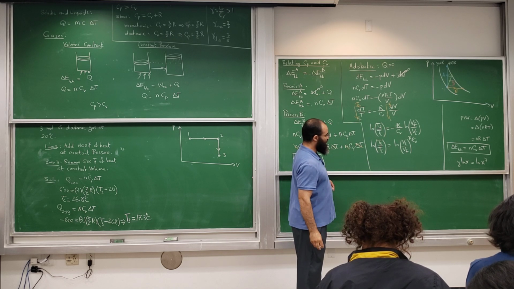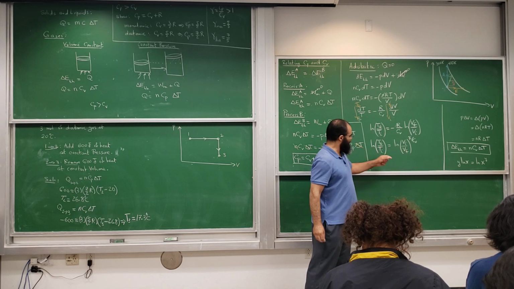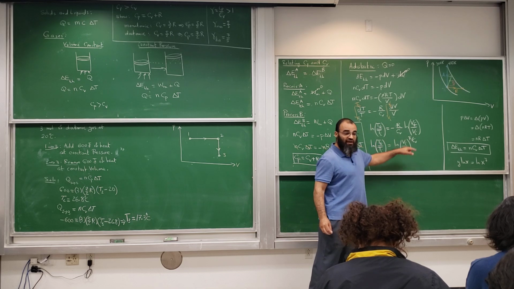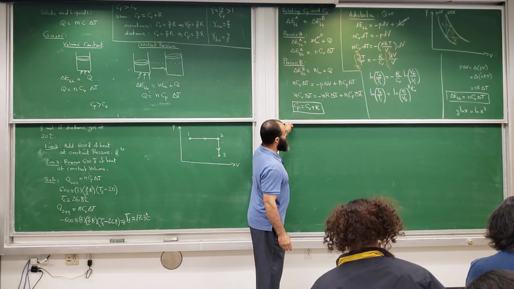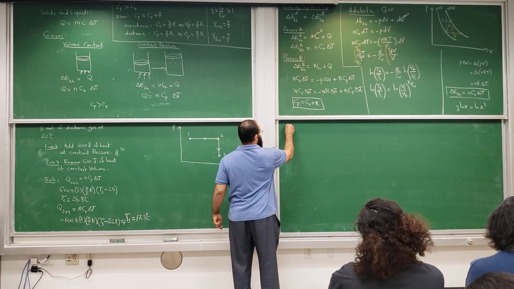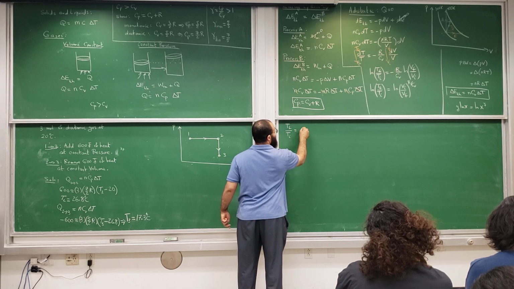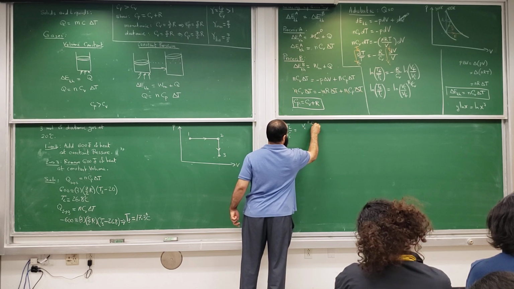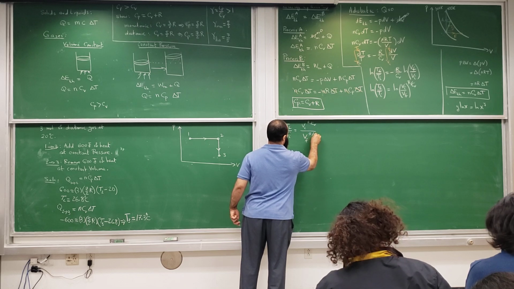I guess I have to go to the next board. So if you do e to both sides, you will just have T final over T initial equals V initial over V final to that power. So I would have T final over T initial is equal to V initial to the power R over Cv, and then V final to the power R over Cv.